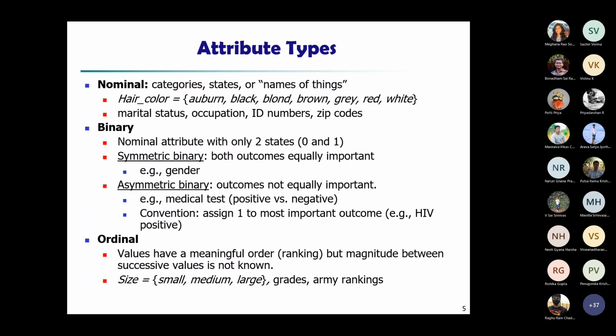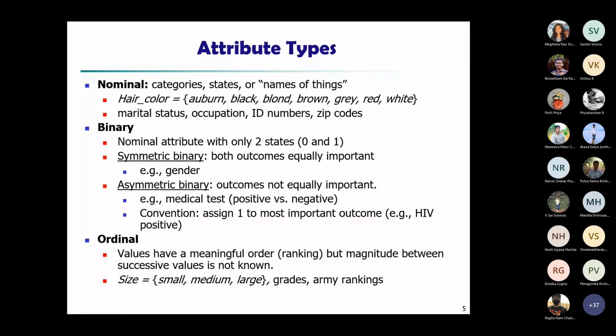But mathematical operations may not be meaningful. For example, when I say age, and I say 2 minus 3 or 10 minus 5, there is some kind of meaning. When you subtract numeric values, there is some meaning. But when you talk about a nominal value which is just represented with numbers, it is not quantitative, so it does not have any meaning when you do any mathematical operation on it.